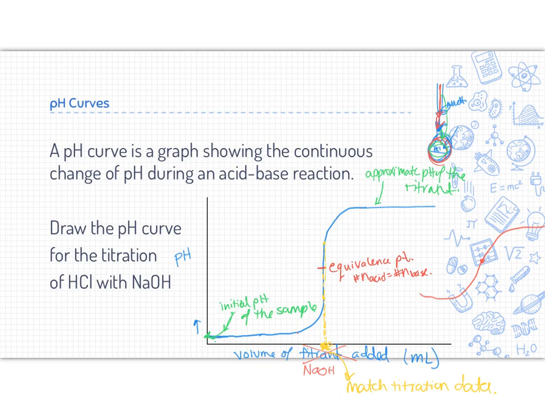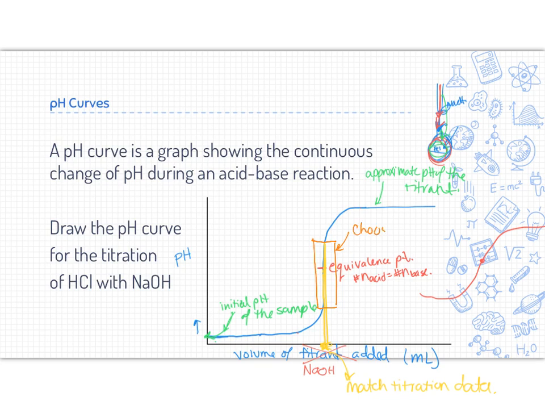Same if I stopped my titration up here. So we could stop our titration anywhere along this straight up and down part of the curve and not influence our results very much. Therefore, within this bracket is where we want our indicator to change.